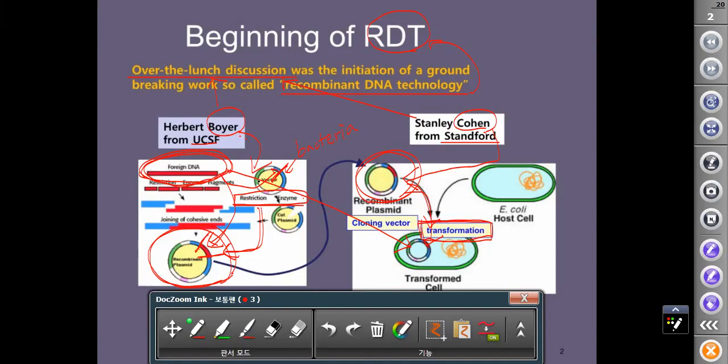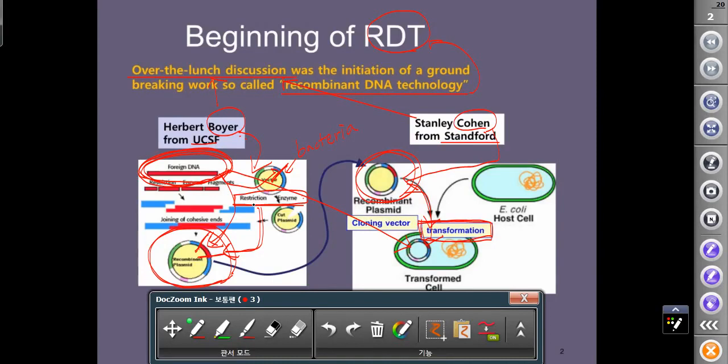Cure for diabetes. So let's say you want to produce insulin a lot. Normally the insulin gene is from a eukaryotic cell, like a mammalian cell. So would you want to produce insulin from mammalian cells in a large quantity?